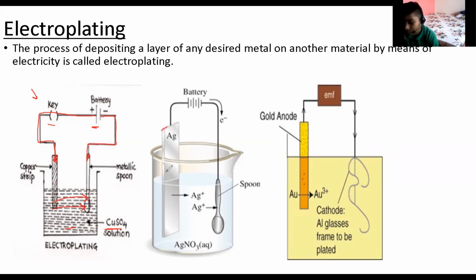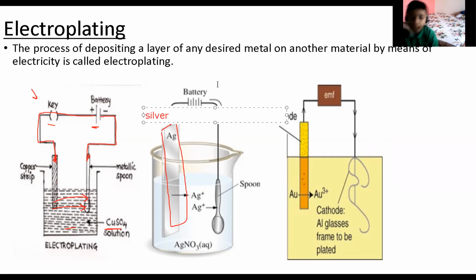Similarly here, see, this is Ag. Ag means what? It's the symbol of silver. Okay. Silver is connected to what? With the positive terminal. You can see over here, it is connected with the positive terminal. And what is connected with the negative terminal? A spoon is connected with the negative terminal.